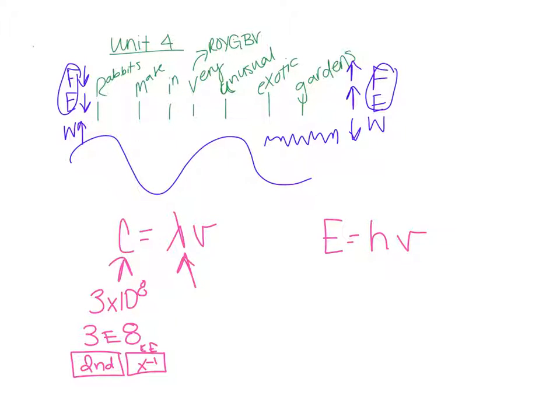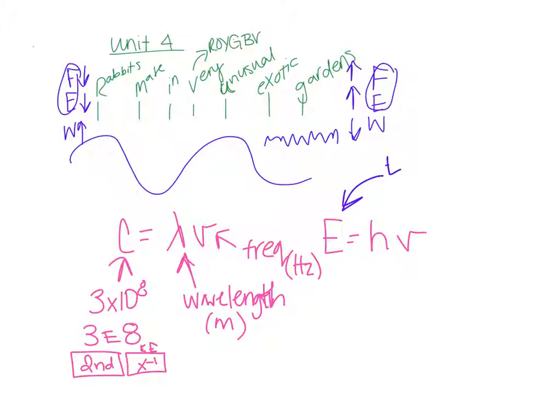This is just your wavelength, okay? And that's going to be measured in meters, and this will be frequency, and that's usually in hertz or per second. Over here on this equation, the E is energy in joules, okay?